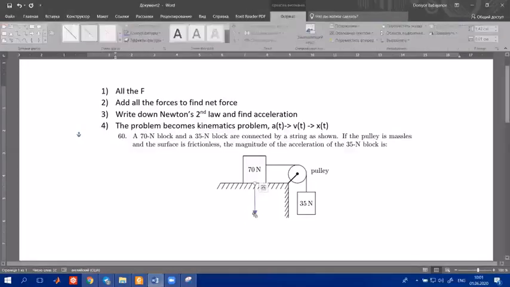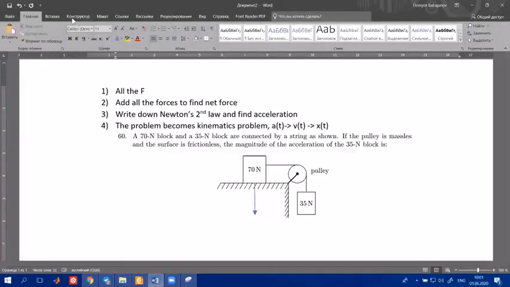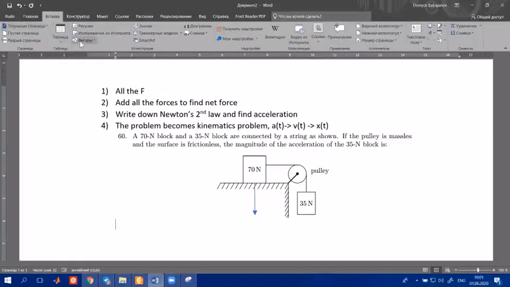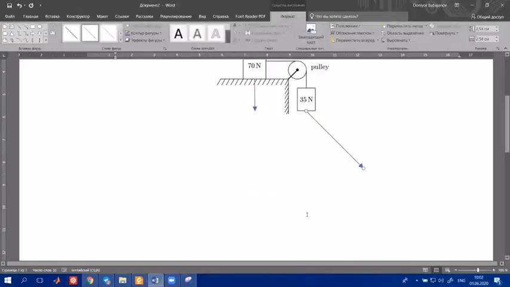Let's draw it like this. This is 70 Newton force, weight of the first body. Second force is the weight of the 35 Newton body. This is smaller, 35 Newtons.